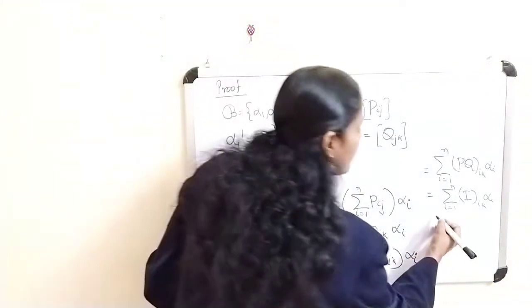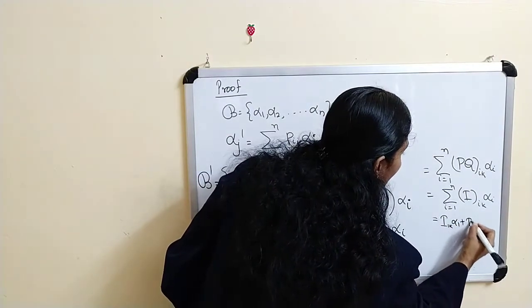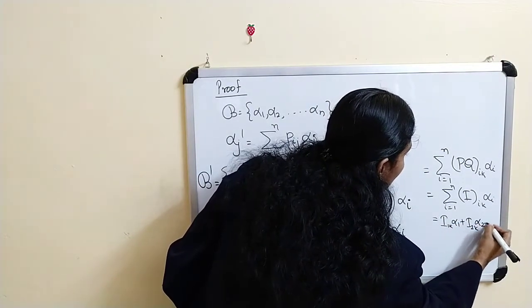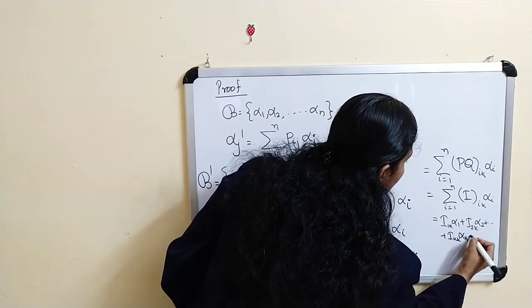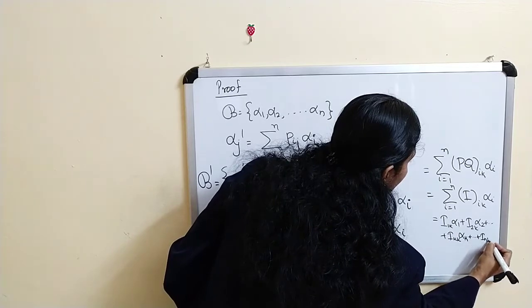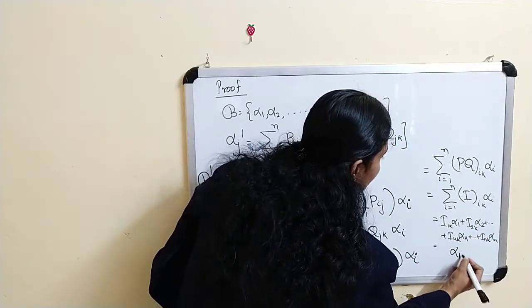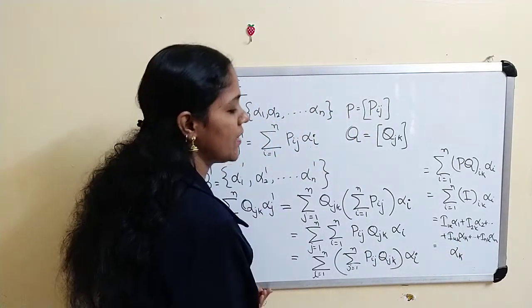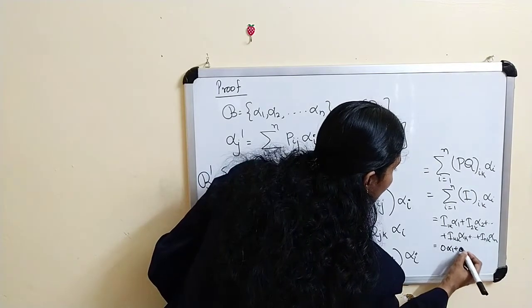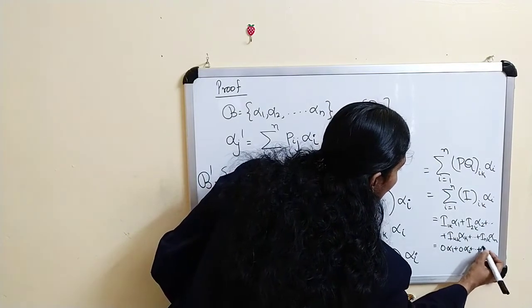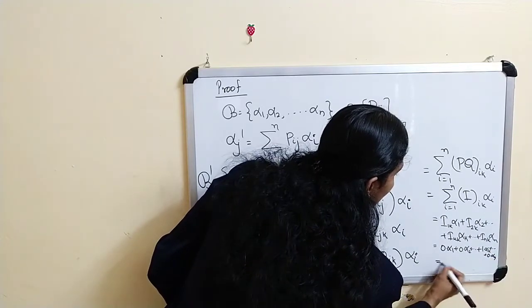So this is actually I1k alpha 1 plus I2k alpha 2 plus etc. plus Ikk alpha k plus etc. plus Ink alpha n. And all entries are 0, remaining is alpha k. This is 1. Okay, 0 into alpha 1 plus 0 into alpha 2 plus etc. plus 1 into alpha k plus etc. plus 0 into alpha n, and that's equal to alpha k.